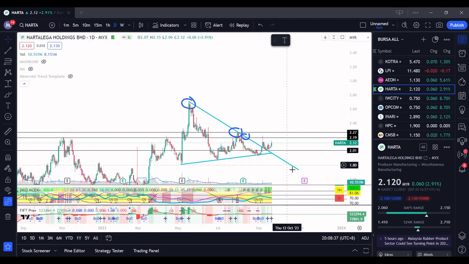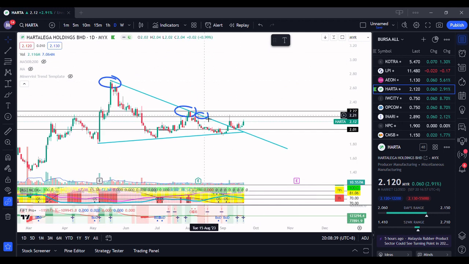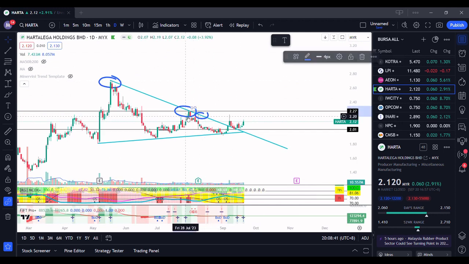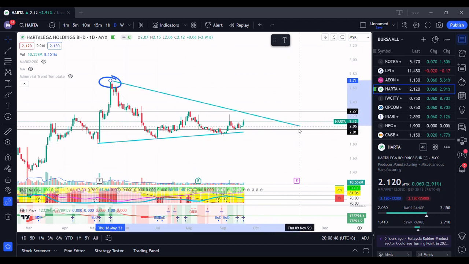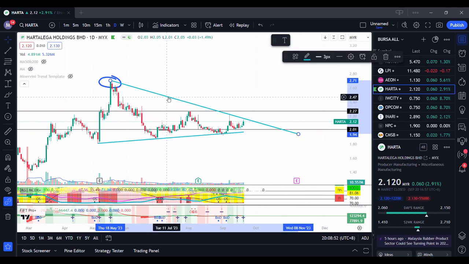So let's say you have already drawn a trend line like this, and then you see another candle here, then you confirm this is a trend line, and all of a sudden this one reaches about here.